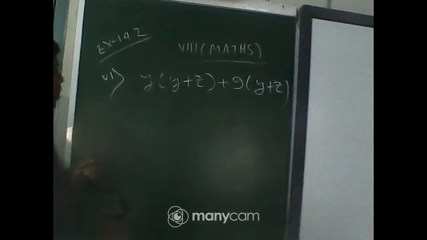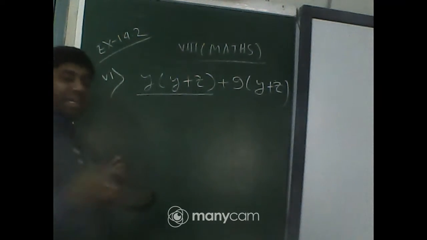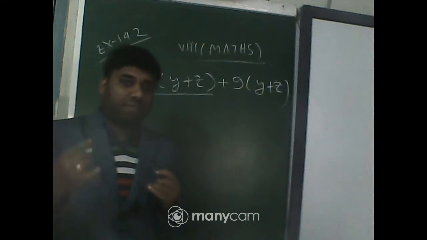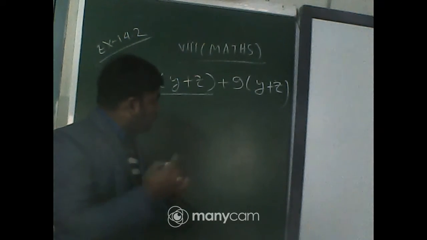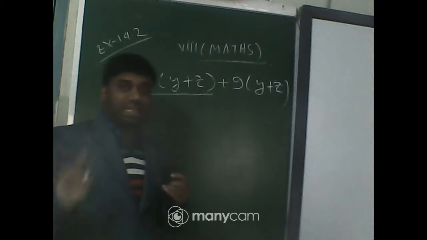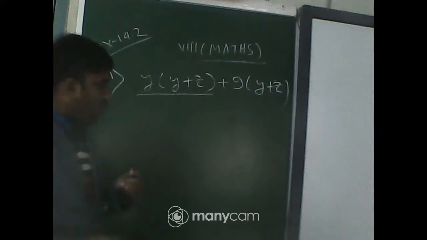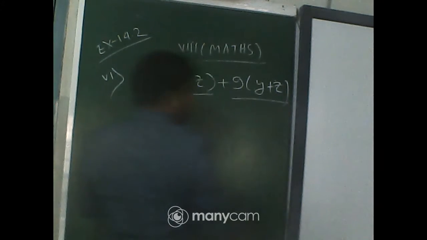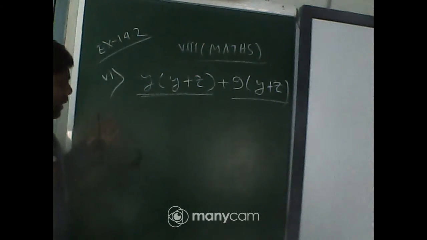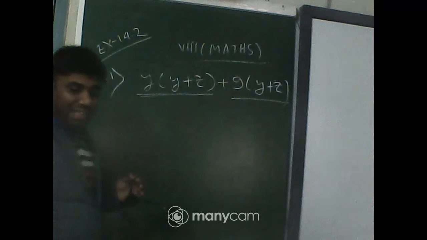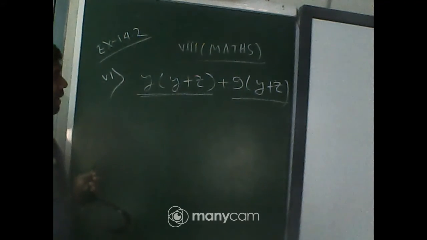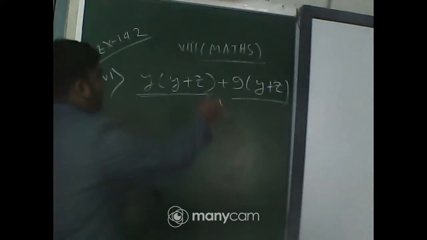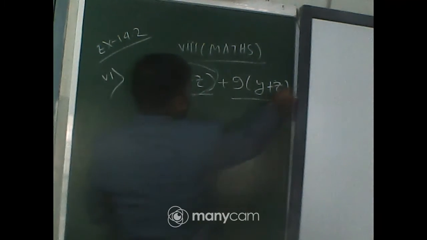First of all, that part is already written in factor form. One factor is y, another factor is y plus z. The next part, 9 into y plus z, is also written in factor form: y plus z and 9 are the factors. So it is the first term and the second term of the expression. What is the common part? Just look at the expression: y into y plus z and 9 into y plus z. This part, y plus z, is the common part.